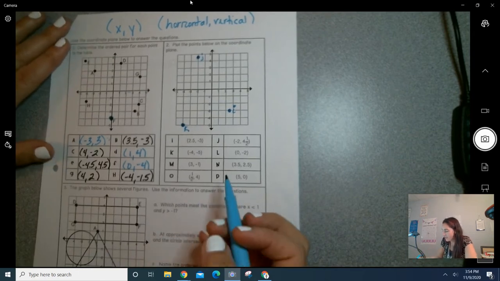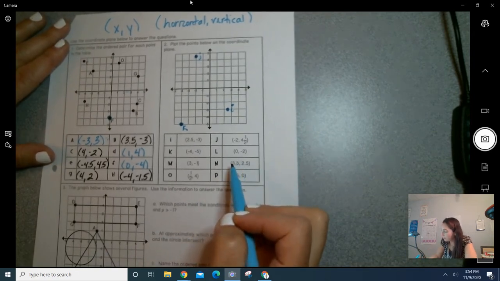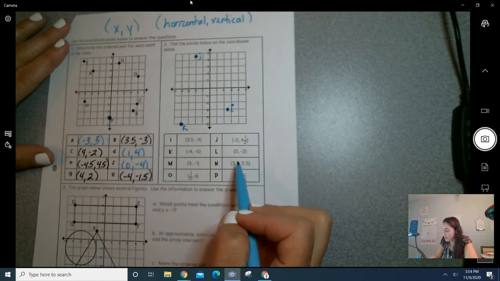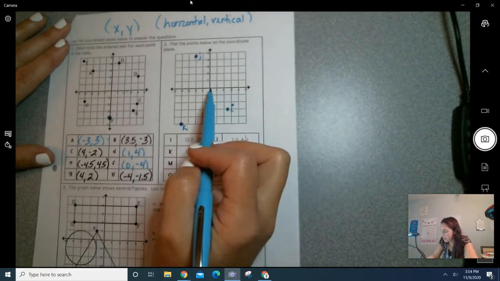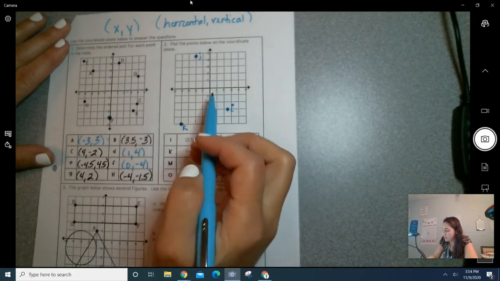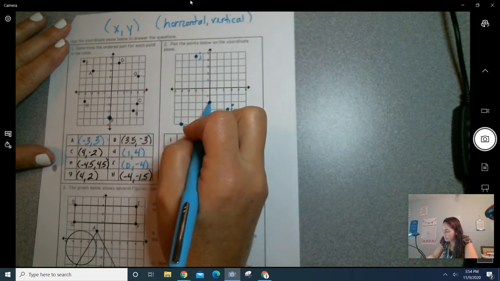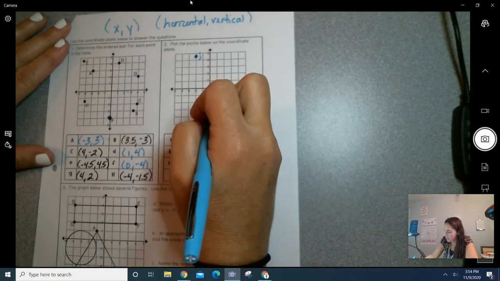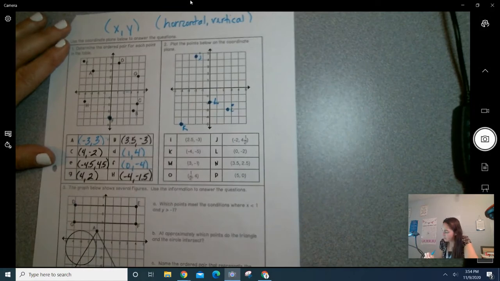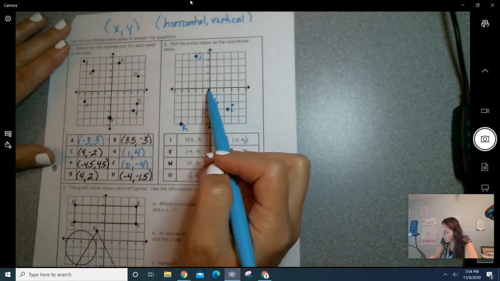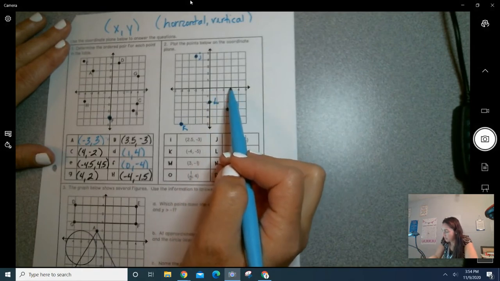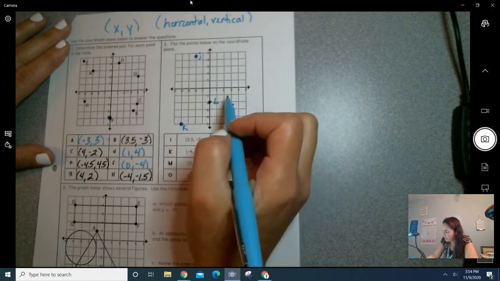Okay, let's check these. L is the point 0, -2. So you would not move at all horizontally, and then you would move down to -2, and that would have been L. M is 3, -1. So you would have started at the origin and moved to the right 3 and then down 1.